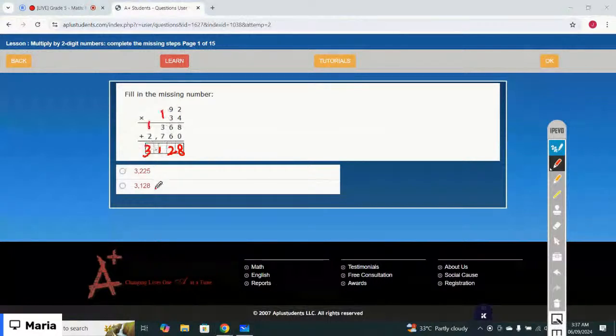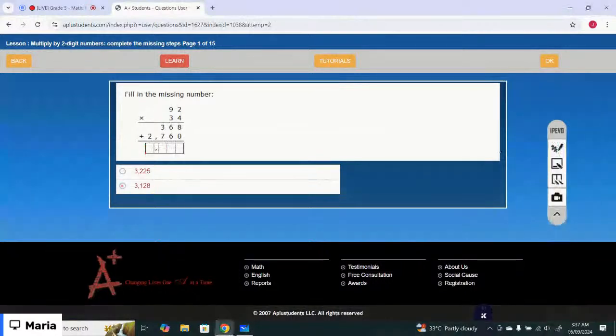So the missing number is 3128. The correct option is 3128. Option number 2 is the correct option.